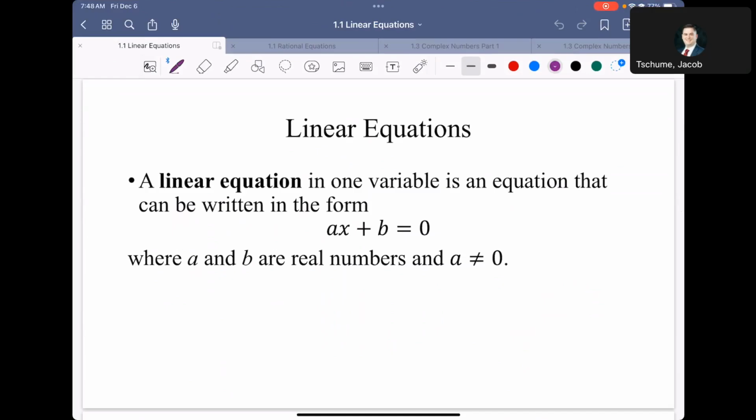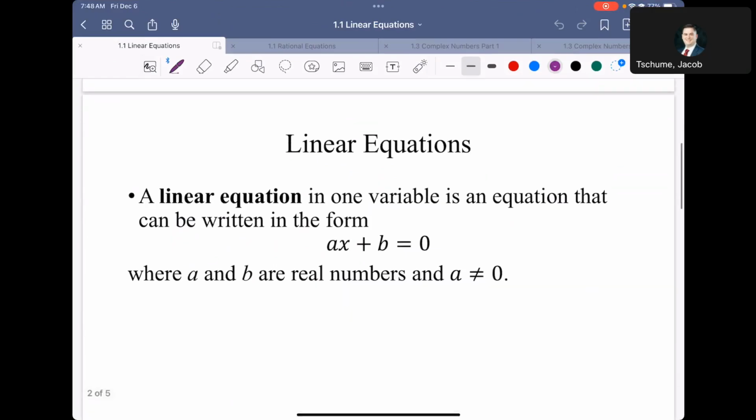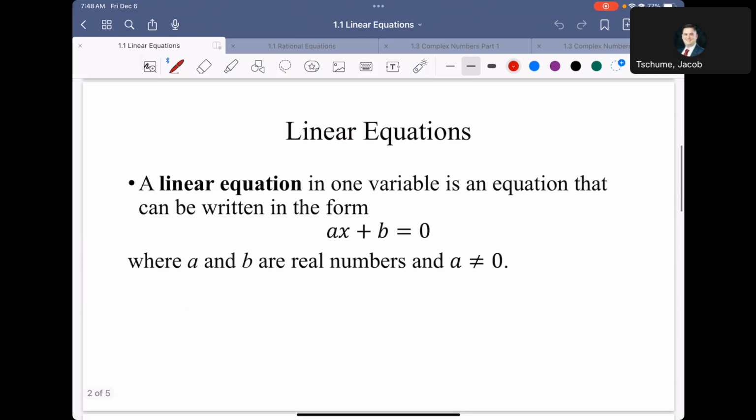So in this section, when we talk about a linear equation, a linear equation is when we have one variable in an equation that can be written typically in the following form, where by the time you're done, you should have an x term. And so the a is just a number, so you'll have some number in front of x. Typically, it has a number that doesn't have an x involved, so we'll call that b.